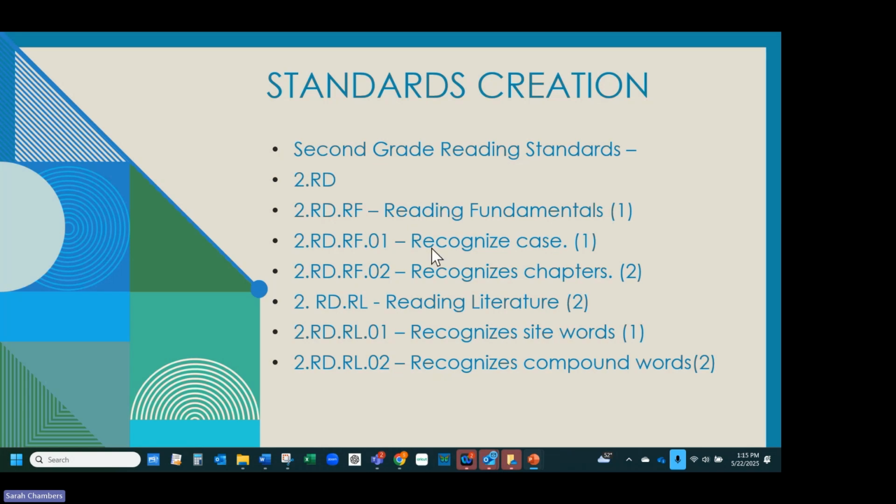Under reading fundamentals, I have 2 standards, and that is 1 and 2 under the parent of reading fundamentals. So again, some people get confused on that sort order within parent, and they just list them like 1 through 20, whatever. But it really is a hierarchy. Think of it as an outline.